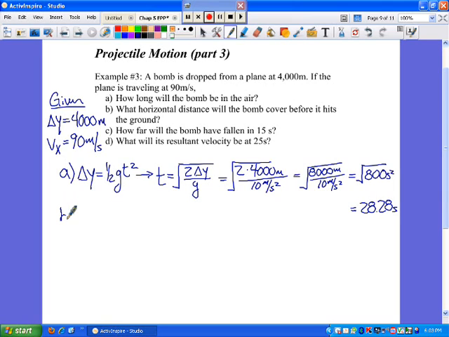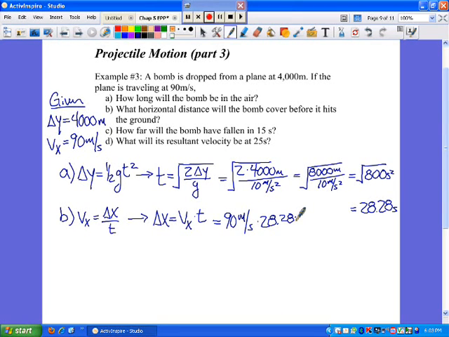The second question asks us what horizontal distance the bomb will cover before it hits the ground. Well, by again using our horizontal velocity equation, we can find delta x is equal to Vx times t. We know that our bomb is traveling at a horizontal velocity of 90 meters per second, and we just solved for the time of 28.28 seconds.